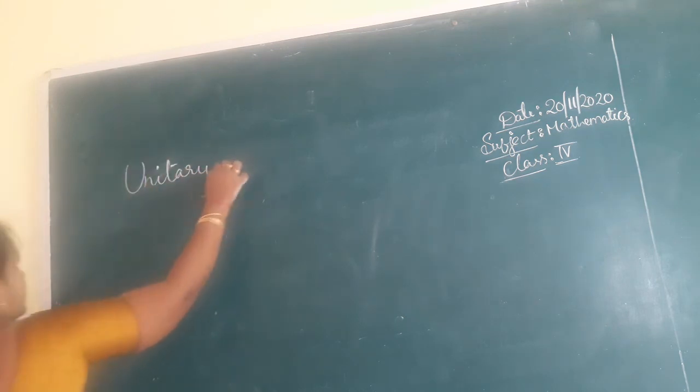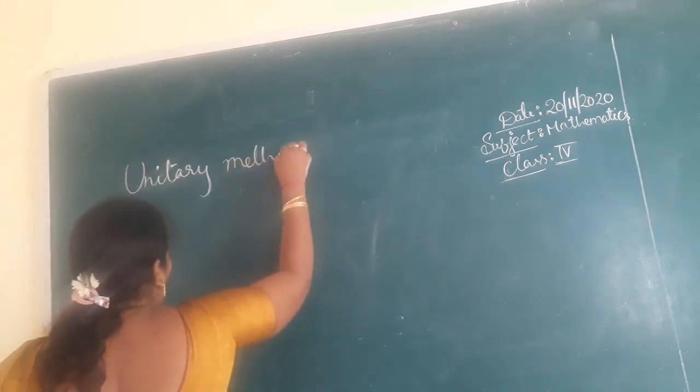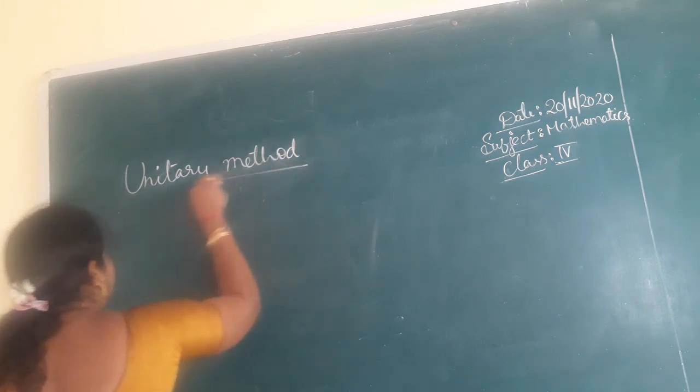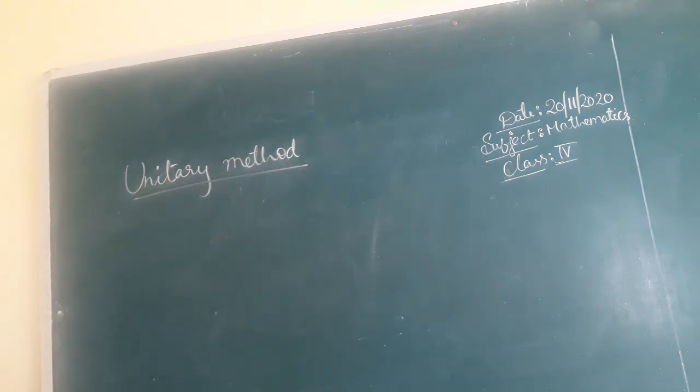Unit means 1. A method of finding the value of one article and then finding the value of many articles from it is called the unitary method.